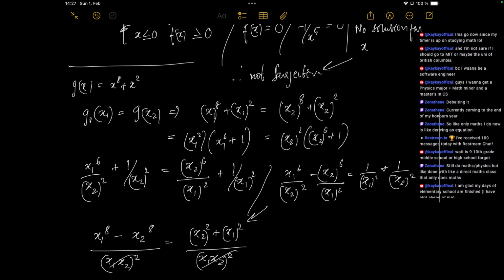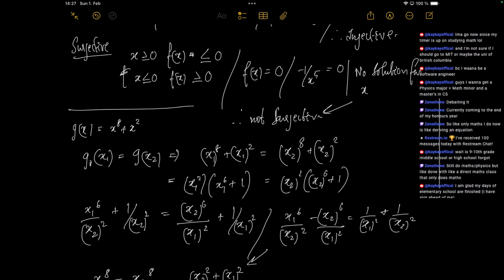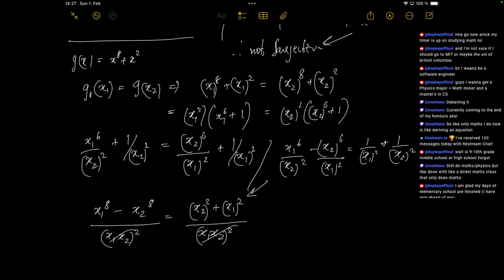Did I just get the usual equation? Yeah. So x1 raised to 8 minus x2 raised to 8 is equal to x2 square plus x1 square.